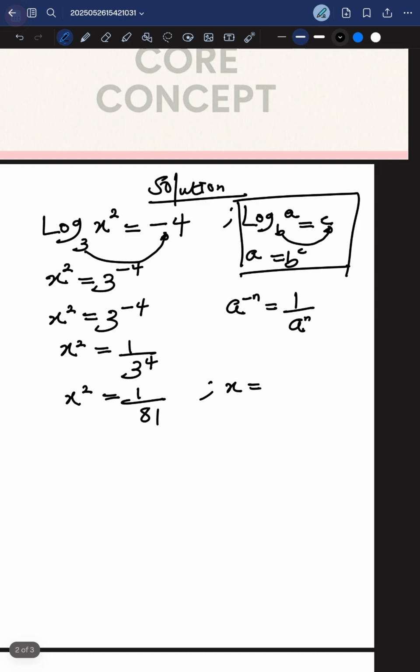The same thing if you have a cube on one side, it becomes the cube root on the other side. So my x becomes the square root of 1 divided by 81.